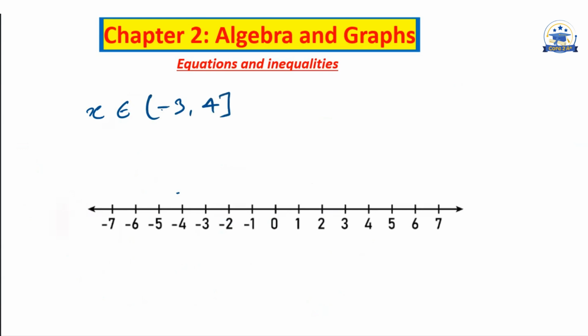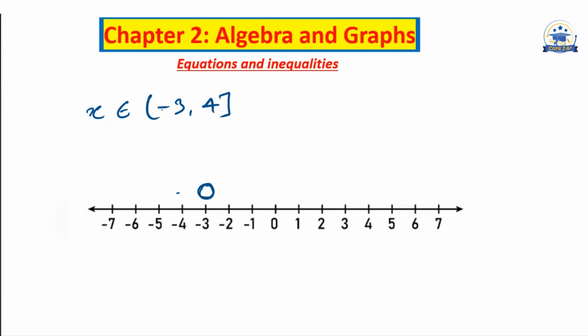So what does it mean? The value of x would be an open interval. It means we will not count this negative 3. Okay. So we will make this type of circle.